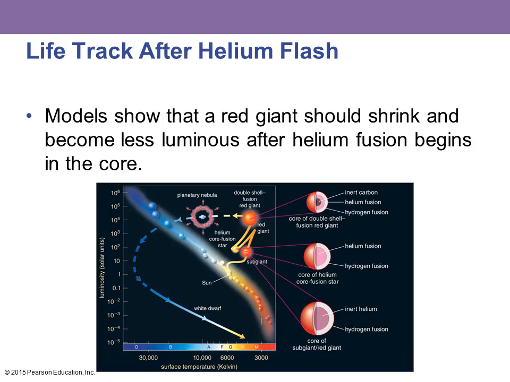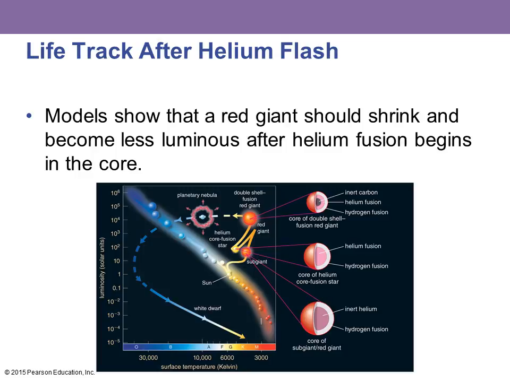So this HR diagram shows the entire process, going from a red giant phase to a planetary nebula, in which case you see it going straight across and to the left, so it maintains its luminosity, but it gets hotter because of helium fusion.